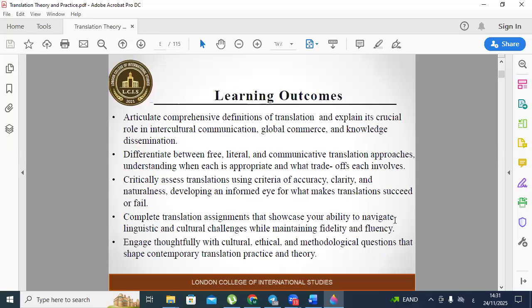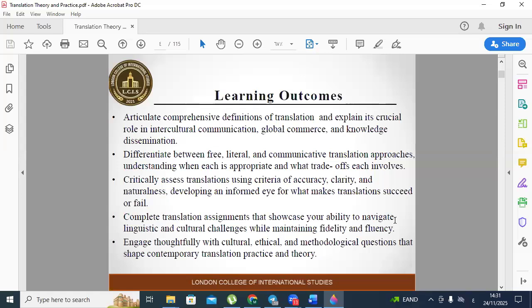Learning outcomes: articulate comprehensive definitions of translation and explain its crucial role in intercultural communication, global commerce, and knowledge dissemination. Differentiate between free, literal, and communicative translation approaches, understanding when each is appropriate and what trade-offs each involves.